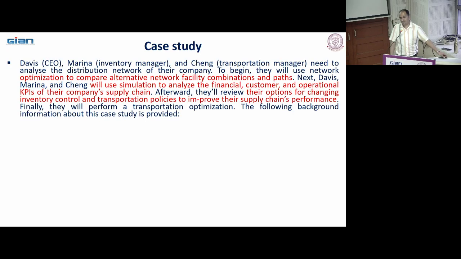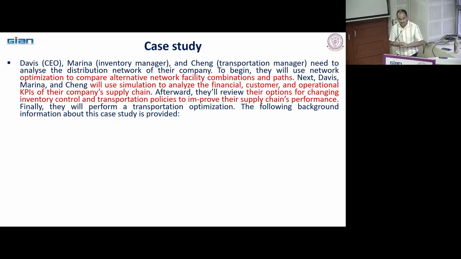So this is a case study now. Davis, the CEO, Marina, the inventory manager, and Cheng, the transportation manager, need to analyze the distribution network of their company. To begin, they will use network optimization to compare alternative network facility combinations and paths.